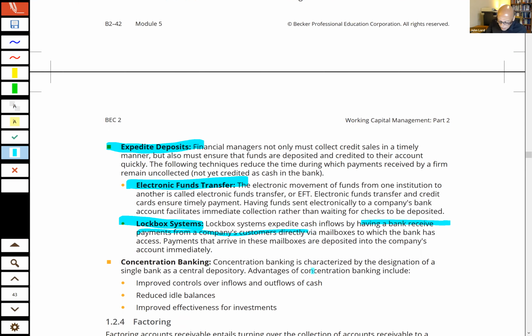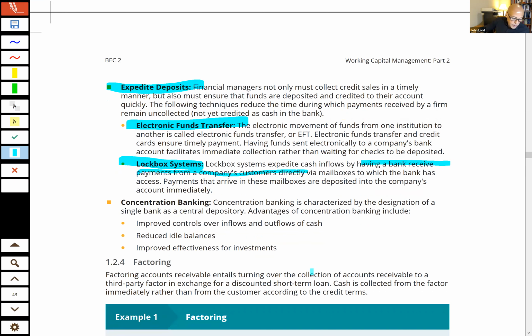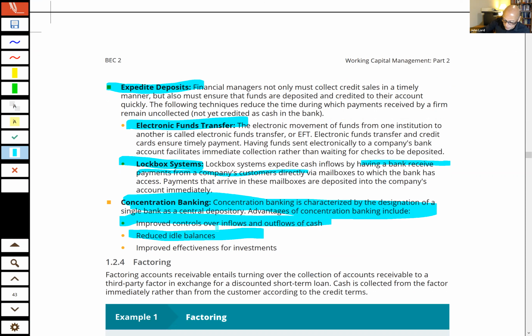Having a concentration bank is characterized by doing all of our banking at one bank, which improves controls, reduces idle balances, and improves effectiveness for investments.